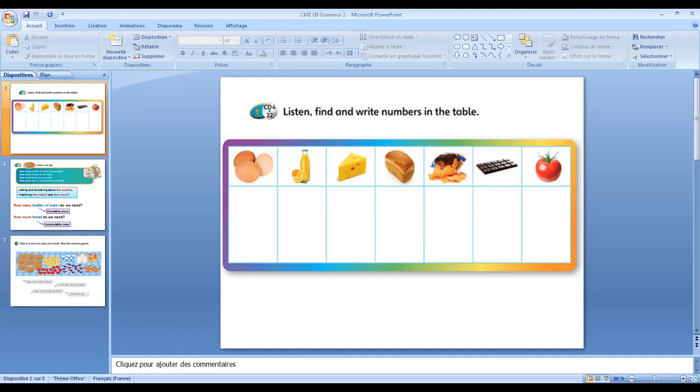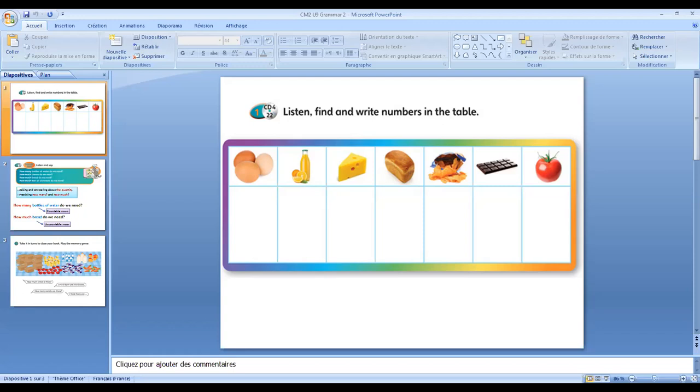Student's Book, page 109. 1. Listen, find, and write numbers in the table. What are you doing? I'm preparing food for our camping trip. Can I help you? Yes, of course. How much bread do we need? 2 loaves, I think.